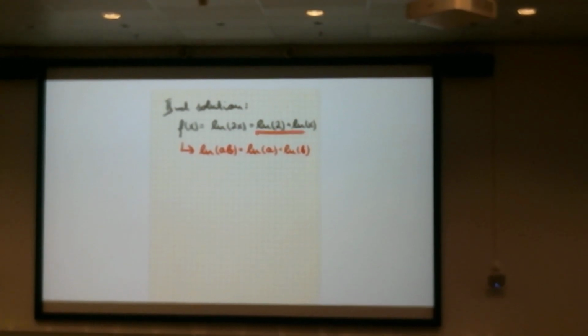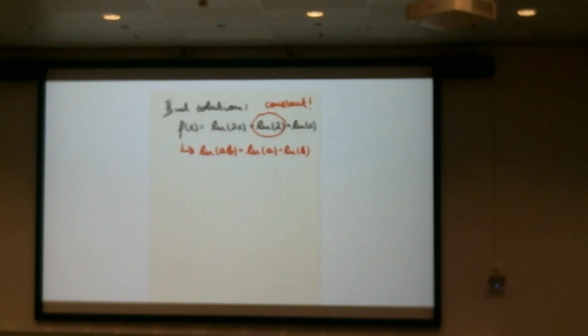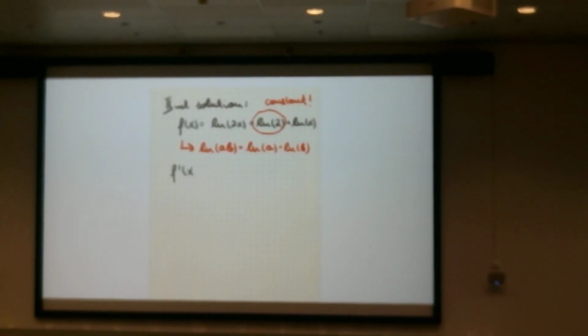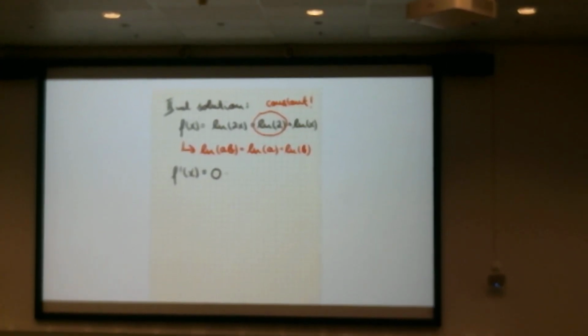Okay, so a very important fact when we wrote it like that is that logarithm of 2 is just a constant. It does not depend on x. Which means that the derivative of this is equal to 0, right? Because the derivative of a constant is 0, plus the derivative of natural logarithm, which is 1 over x, equals 1 over x.